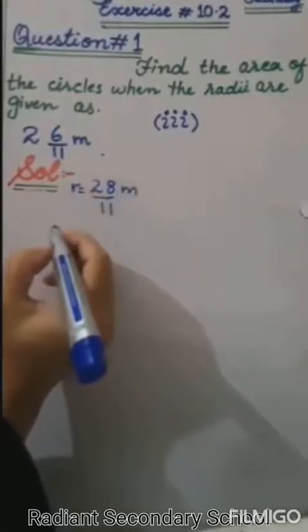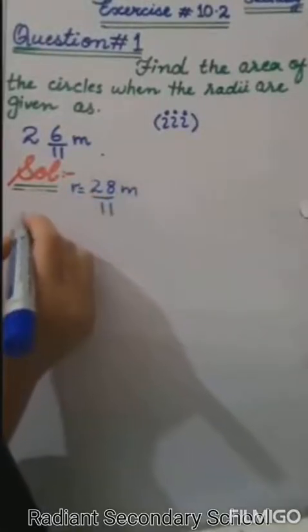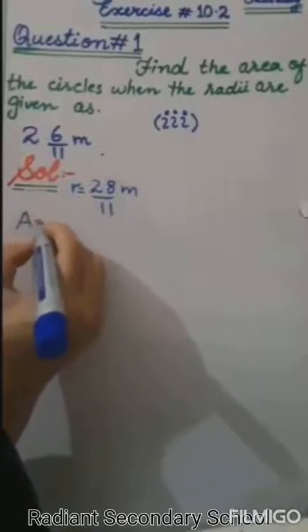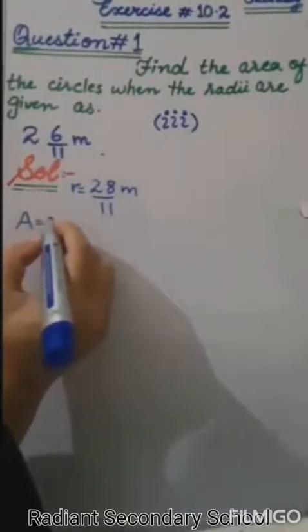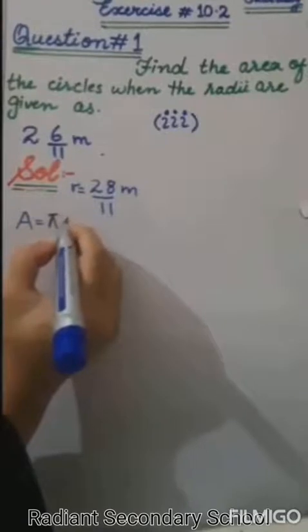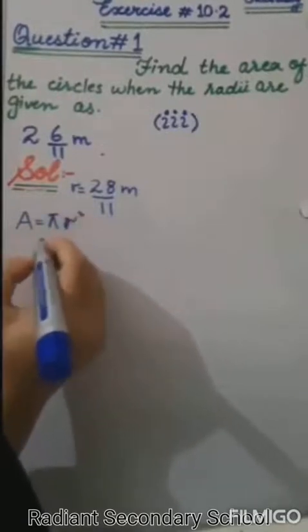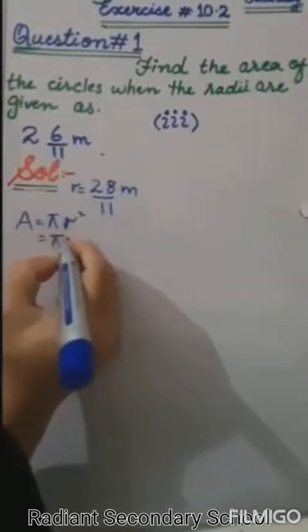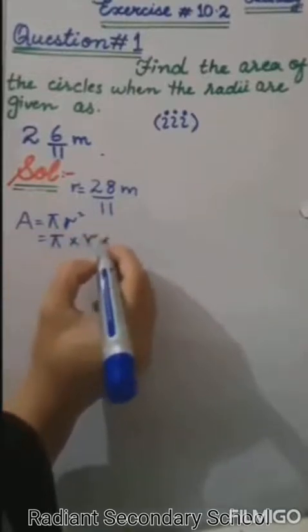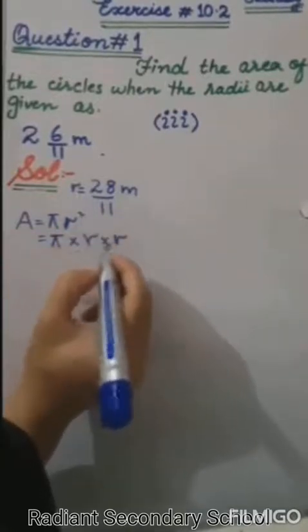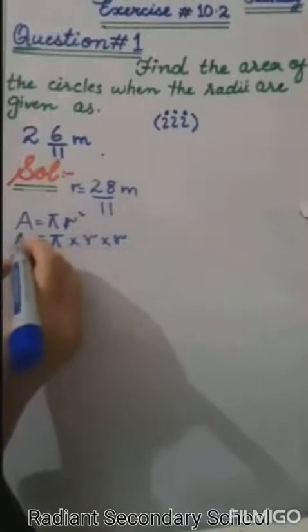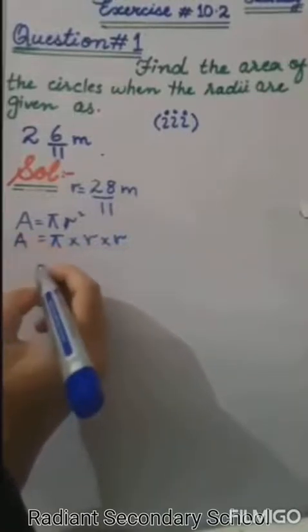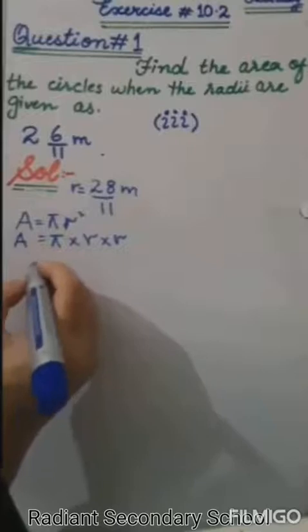Now with the help of this radius we have to find the area of the circle. Write the formula. Area of a circle is pi r square. You can write it like this: pi multiplied by r multiplied by r, because of the square, you can write r two times. After that you have to put the values here.